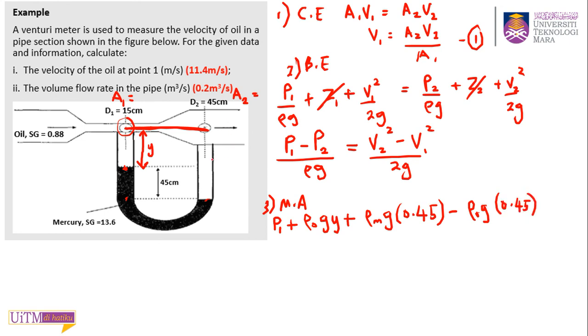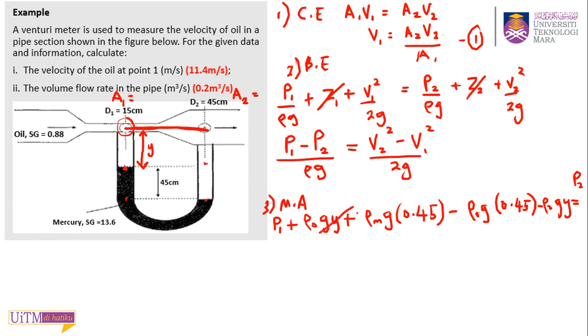Okay, so your point is here, and you go up to finish your manometer equation. Minus rho of oil times g times y, and this equals P2.